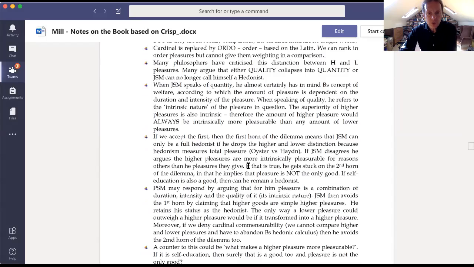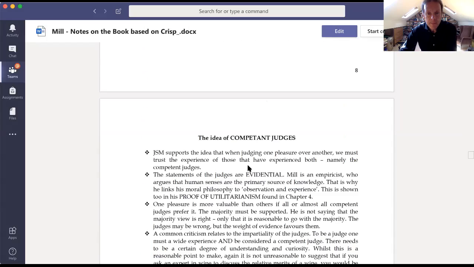There's quite a lot on competent judges. Mill has this view that there is some kind of difference between people of education. This is somewhat elitist, that if you've experienced higher and lower pleasures, then you will commit to saying that no amount of the pleasures of a beast are exchangeable for those of a human being.